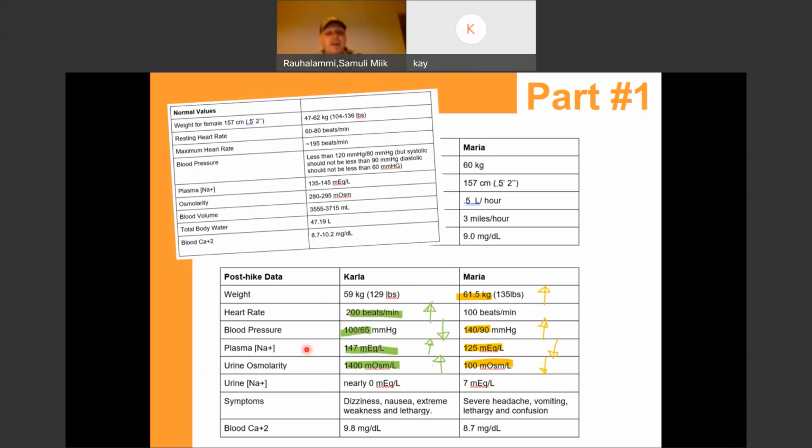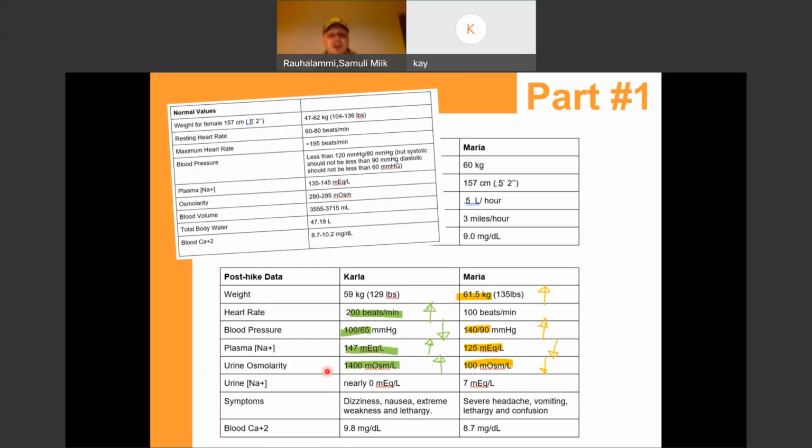If we look at Carla's plasma sodium concentration, the value we're getting is 147, whereas the normal range would be between 135 and 145. So it's a little bit on the high side, slightly elevated.